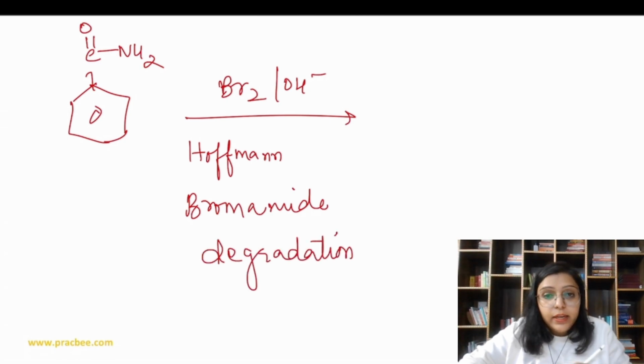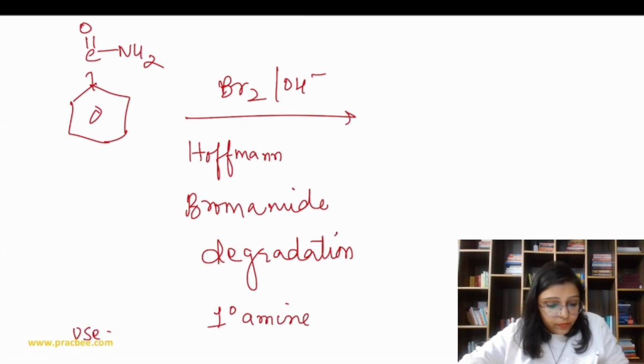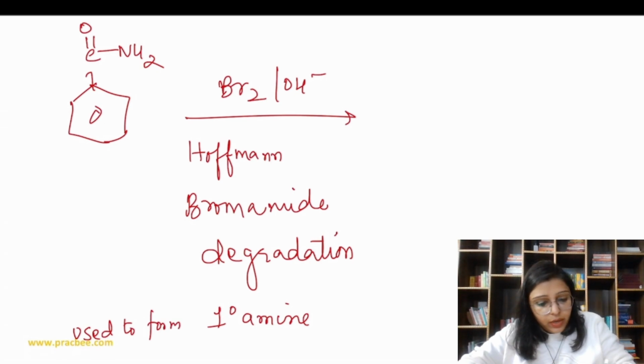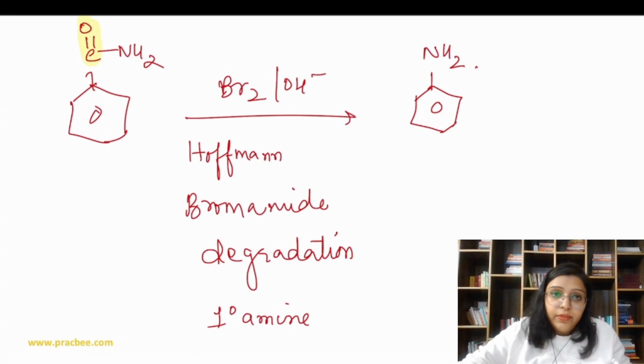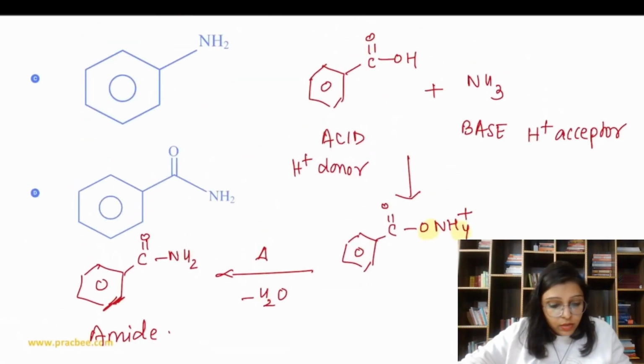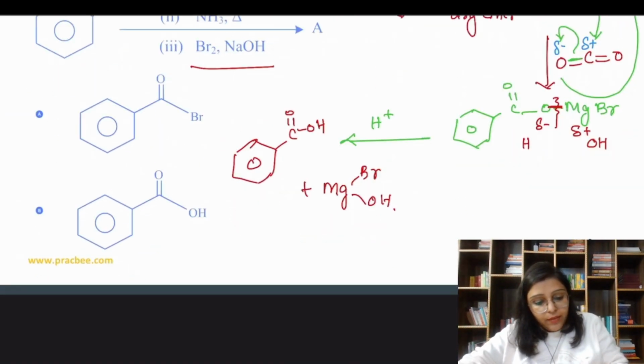This is used to form 1 degree amine. What we are going to do over here is just remove the CO. So we have NH2, right? We have NH2. Clear? So on the basis of that, we have option number C.